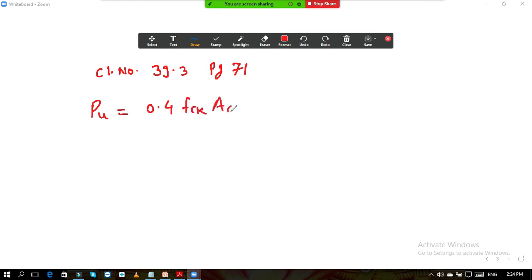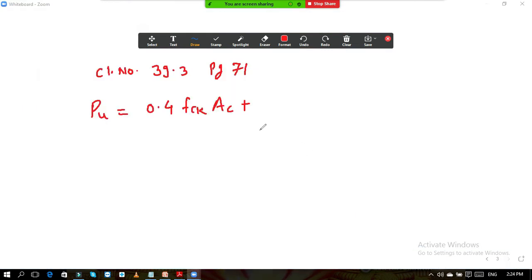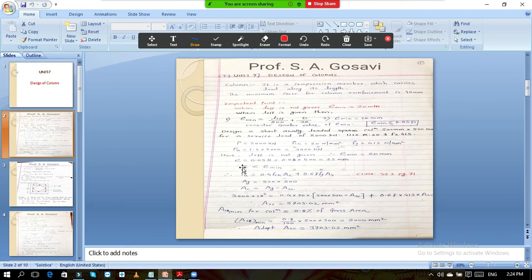This formula is also given in the IS code on page number 71.